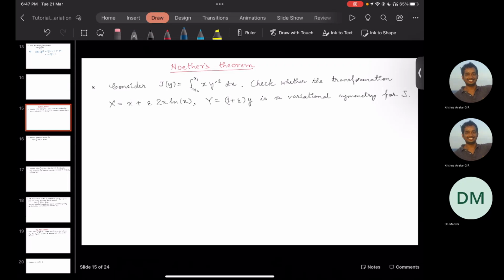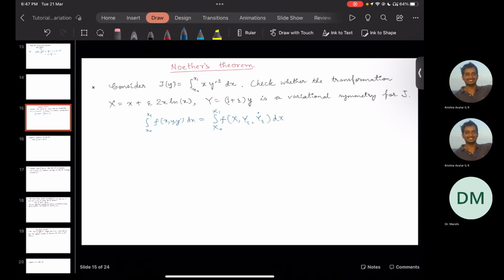A functional is said to be variationally invariant with respect to some transformation if the integral from x naught to x1 of f(x, y, y prime) dx is equal to the integral from capital X naught to capital X1 of f(capital X, capital Y, capital Y prime) dX.